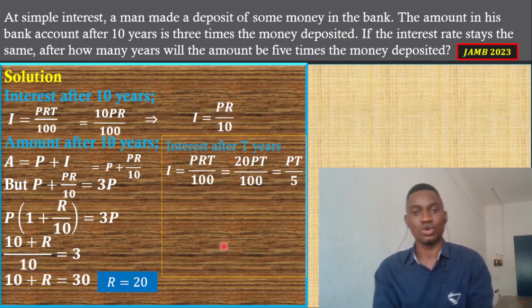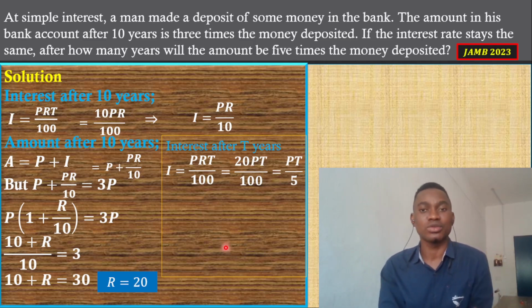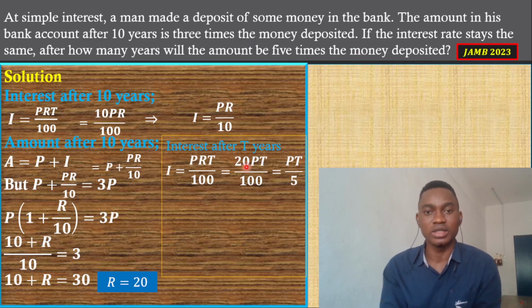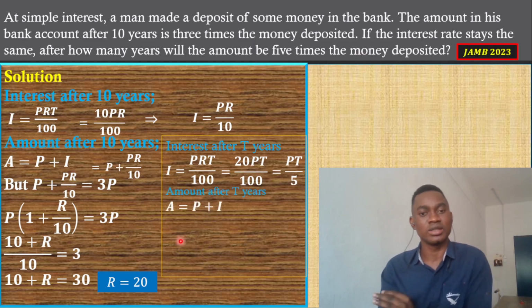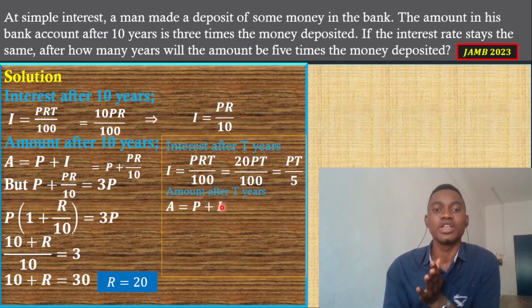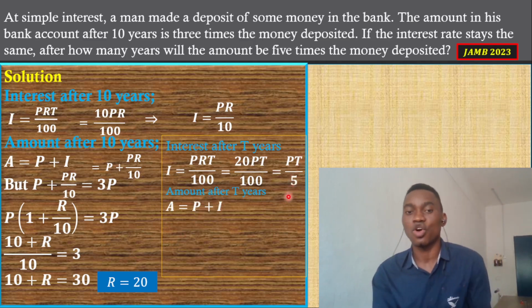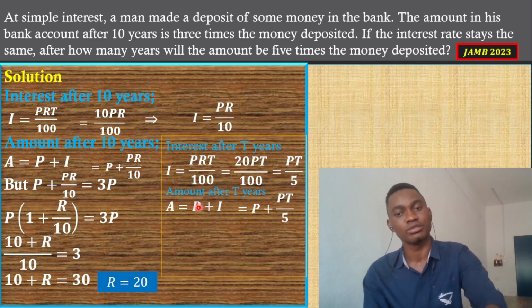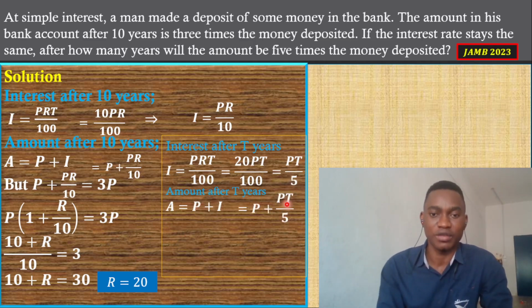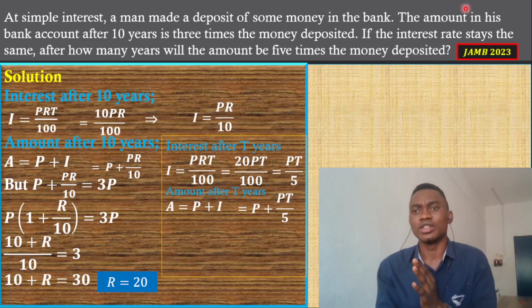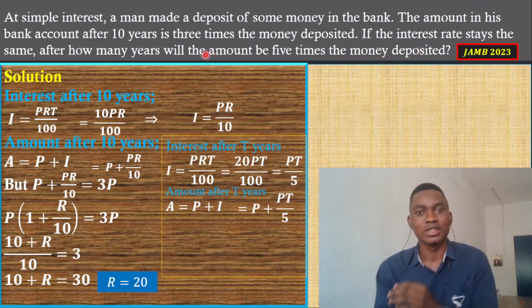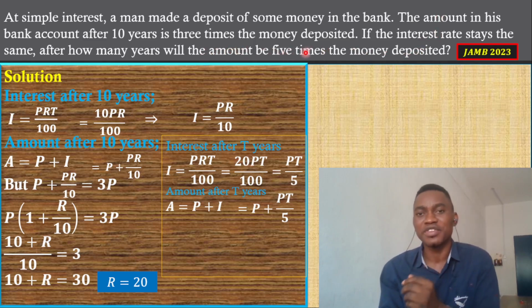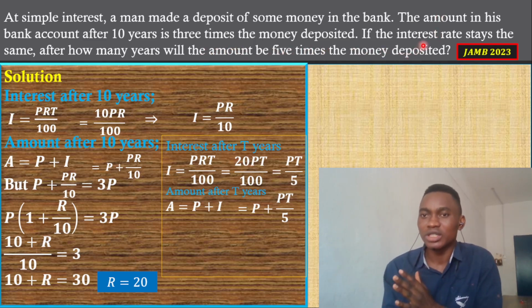All right, so let us look at the amount after these T years. The amount after T years is A equal to P plus I. Of course, our I is PT all over 5. So we have P plus PT over 5. As you can see, the question provides that after these T years, the amount is going to be 5 times the money deposited.